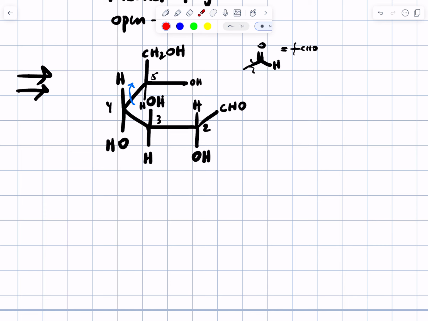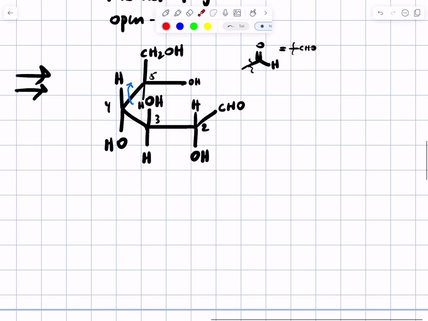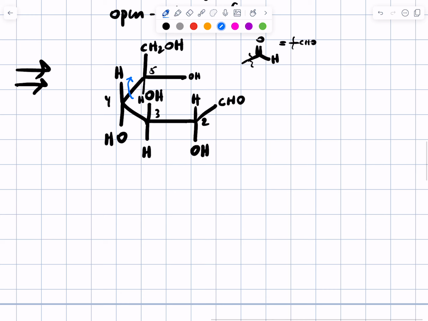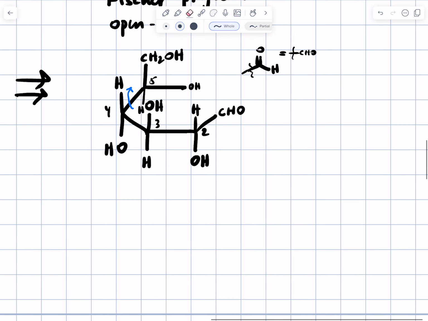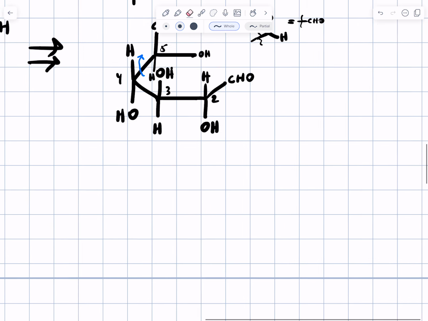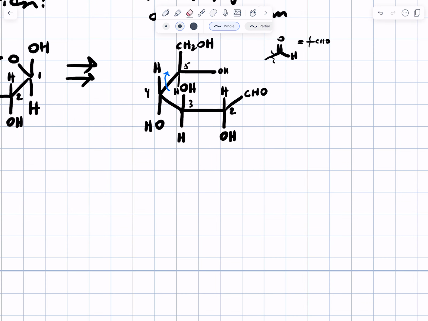We're just rotating around a carbon-carbon bond. You might need a model to help you see how to do this. After I rotate around that carbon-carbon bond, what I will have looks like this. As I said, don't stress out about this if you can't do it.